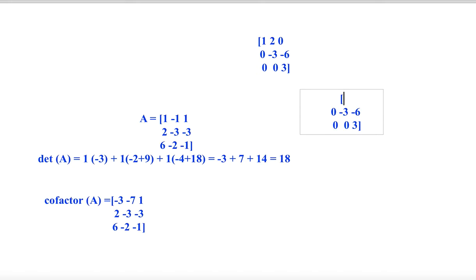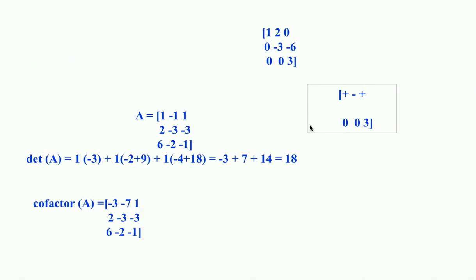Minus 1 whole power 1 plus 1 is plus. What about minus 1 whole power 1 plus 2? It is minus. What about minus 1 whole power 1 plus 3? Again plus. Yeah, that's good. These are our reference signs. Once you follow the reference signs, there won't be any problem, right?